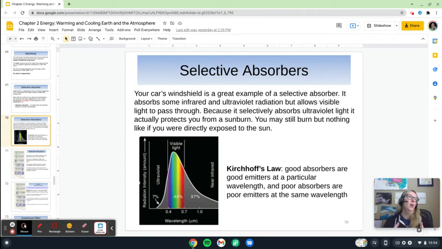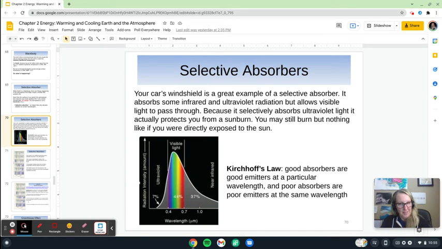When you're sitting in your car and you put your arm out of the car, where it's not behind a window, but the rest of your body is beneath the windshield and the sun is beating down on both, you will not get sunburnt, at least not very badly, on your body, but your arm that's out there absorbing the ultraviolet radiation will get sunburnt. So the windshield is absorbing the ultraviolet radiation, but it's letting the visible wavelengths through.